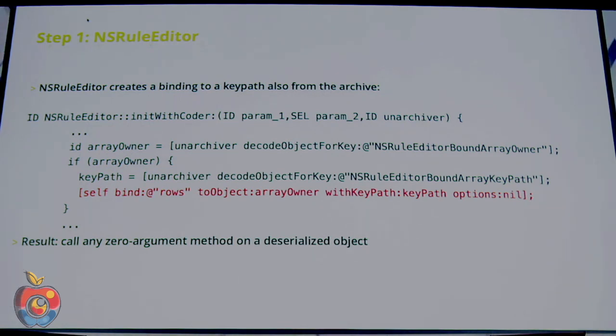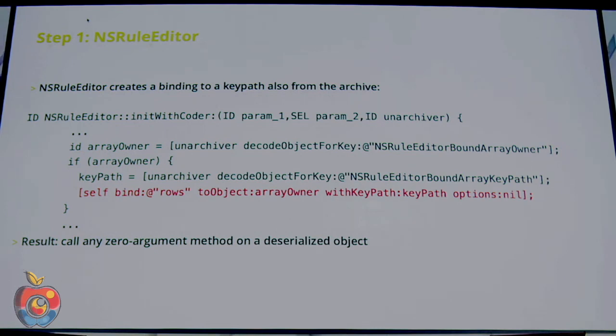Now, how this works internally is that if you create a binding, you should select a property of the object. But there's really no check for that. So you can call any method on an object, as long as it has no arguments. Whenever you make that binding, it needs to create an initial value, so that method is invoked immediately as you deserialize this object.